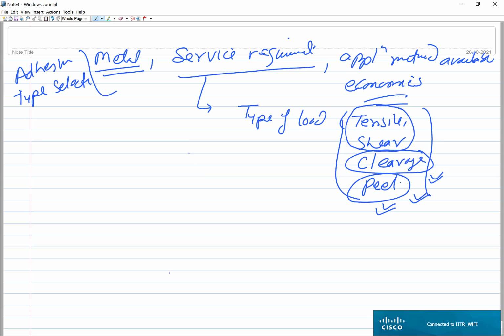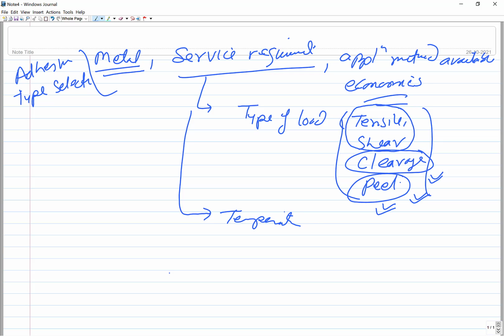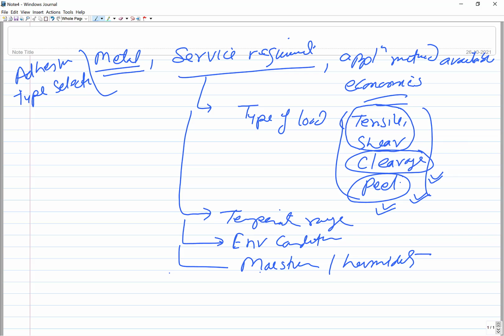Apart from the type of loading, we have to see the expected temperature range during service. Then we have to see the environmental conditions, because it is very sensitive to exposure to water, humidity or chemicals. So moisture or humidity is another factor apart from the environmental conditions.